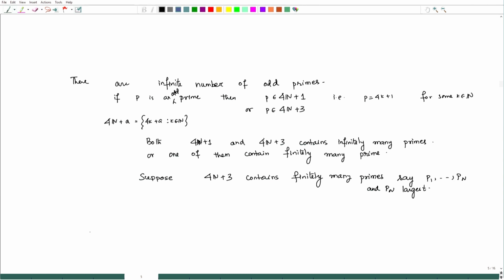Now, you consider P equal to 4 times the product of Pi for i from 1 to n, plus 3. Now, obviously, P belongs to the natural numbers, so this is going to have a prime factorization.